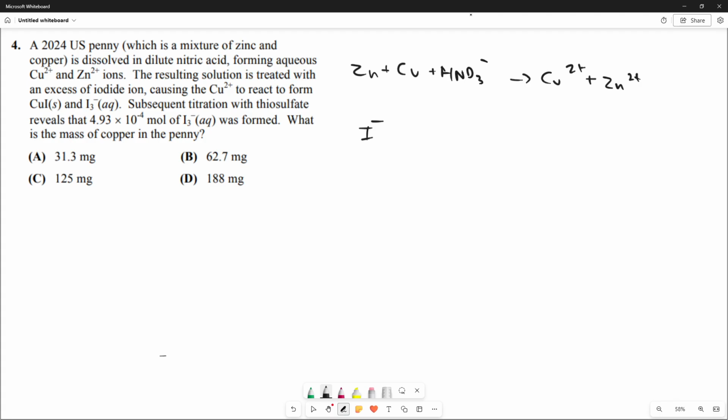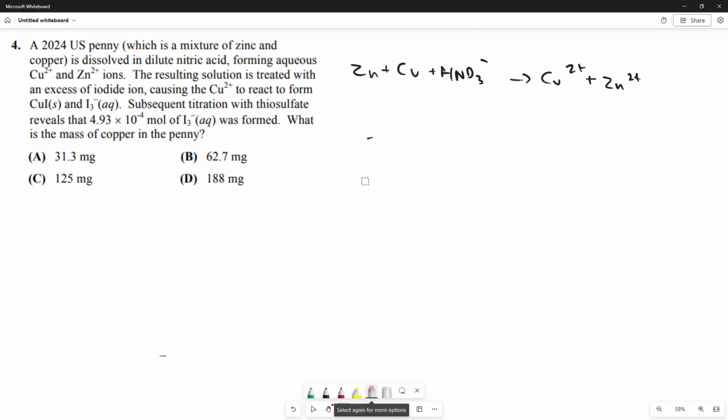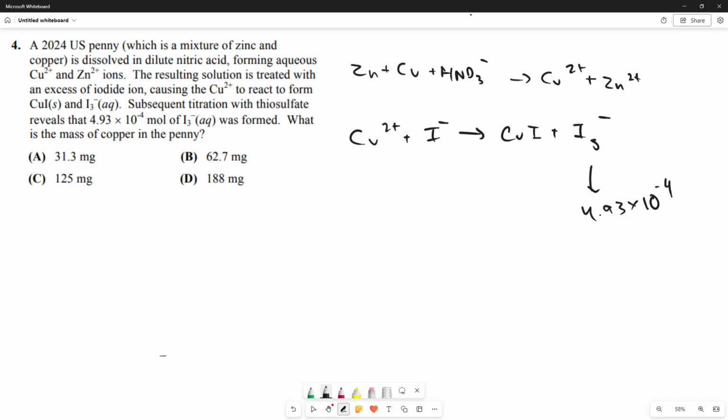We don't really need the zinc because that's not what we're looking for, so I'm not going to include it. Subsequent titration with thiosulfate reveals that 4.93 times 10 to the -4th moles of I3- was formed. So we just need to work backwards in these reactions, and we can find mass.